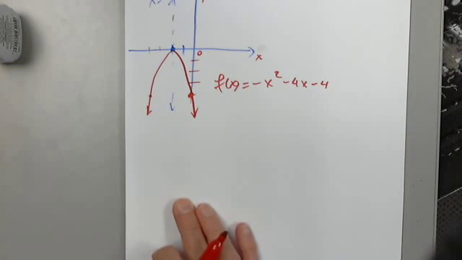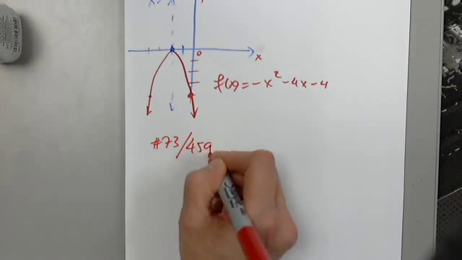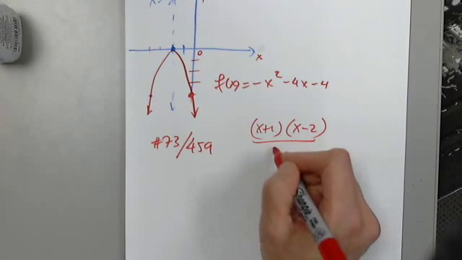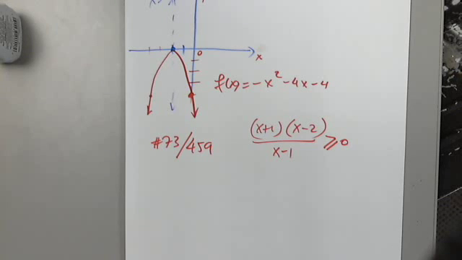Yes? Okay, very good. So let's look at 73 on page 459, and we have x plus 1, x minus 2 over x minus 1 greater than or equal to 0. So please copy this problem and work on it, and I'll find other problems. And we'll work on it together.